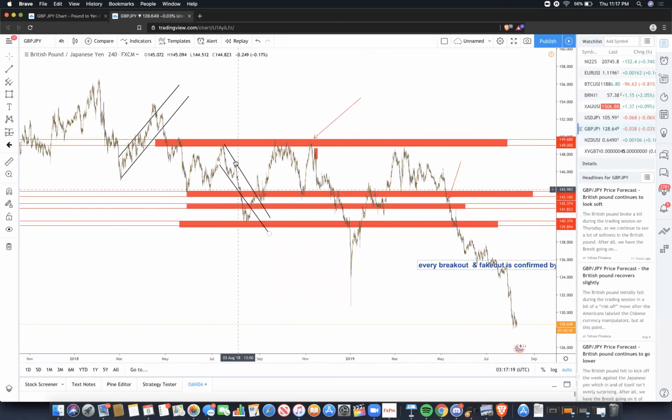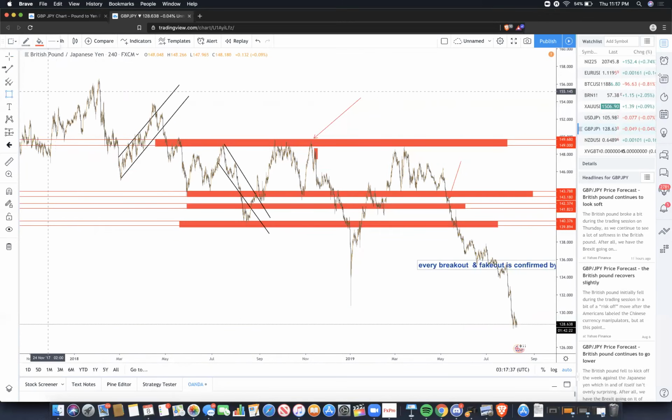Notice what happened. The market faked out of the channel, shot back up, retested the top of the channel, and kept going up. What happened? The market faked out of the channel, came back up, didn't retest the channel, but what did it retest?